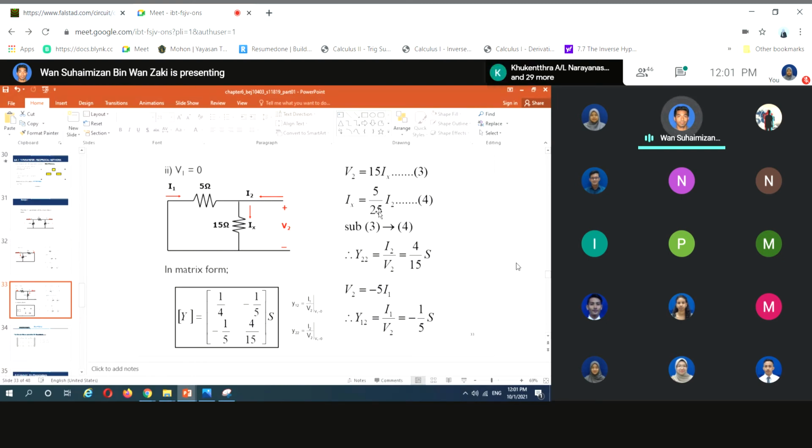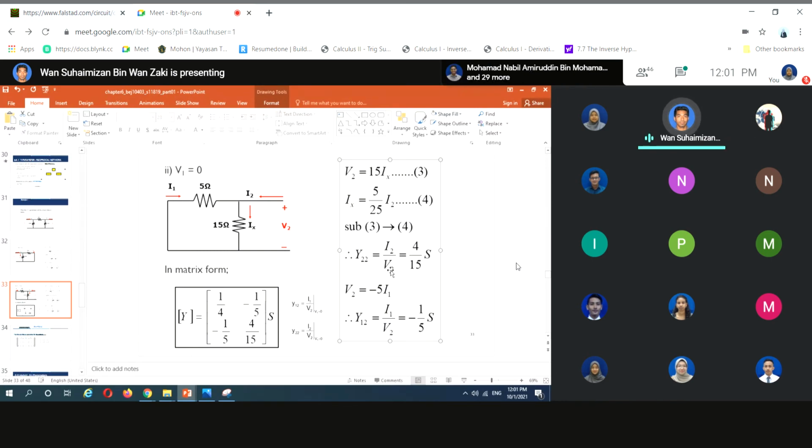So this one is not 25, right? What is the value for here? 15, 20. Yes, alright. So this is 20.